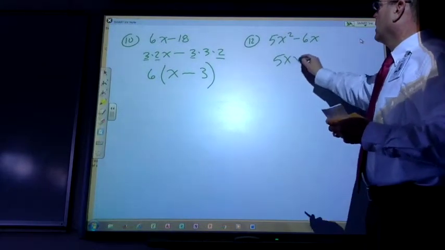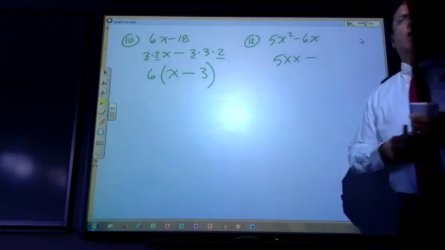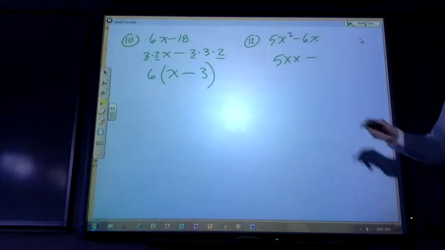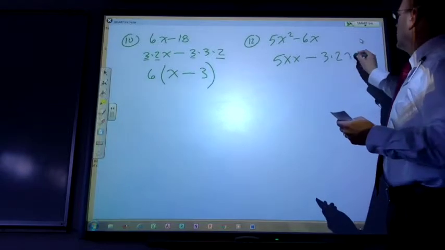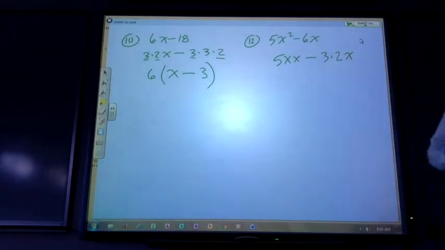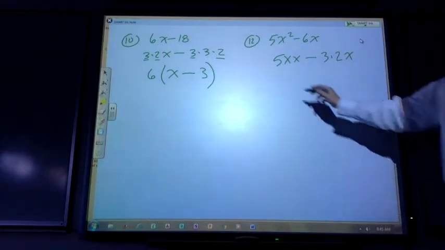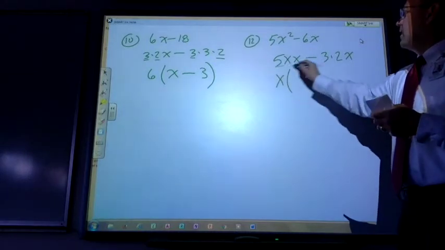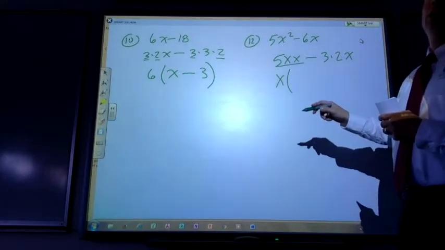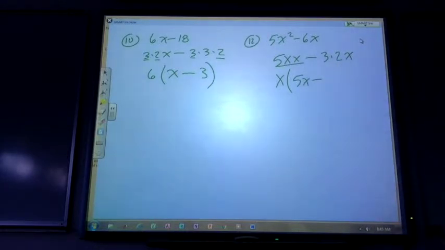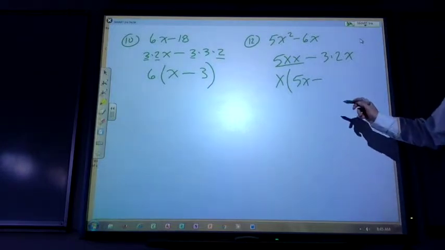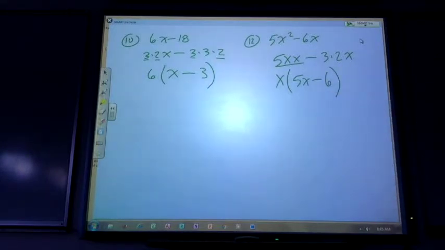And the minus comes along. Can I break 6 down? 3 times 2. Between the two terms, do I have anything in common? Just an x. If I factor an x out of this, what do I have left? 5x. The minus again comes along to the right. If I factor an x out of this, what do I have left? Done. Good job, Christian.